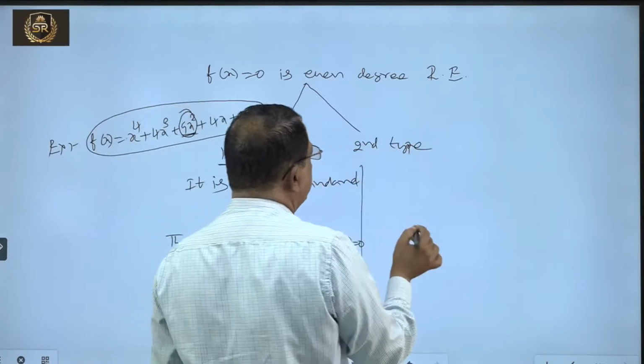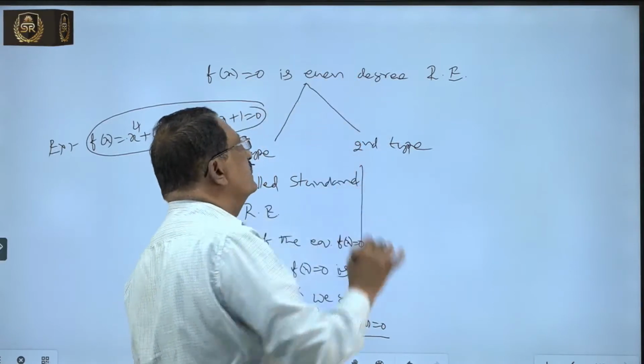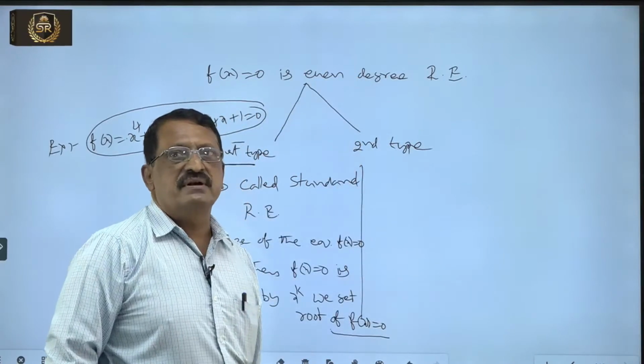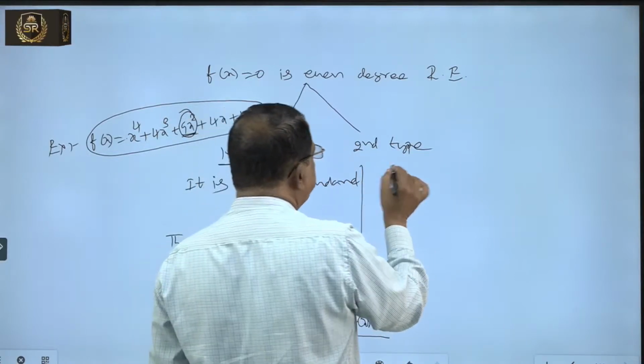Next, the second type: f of x equals 0 is an even degree reciprocal equation of the second type.